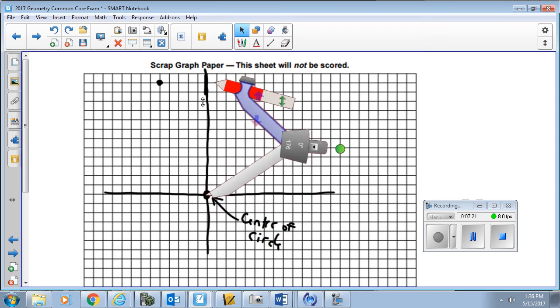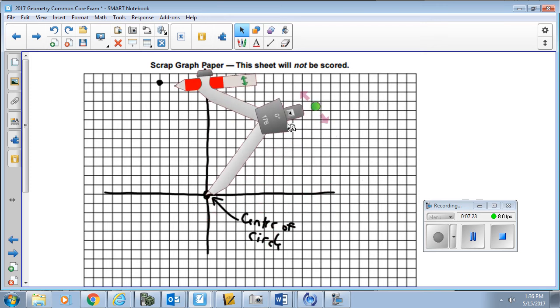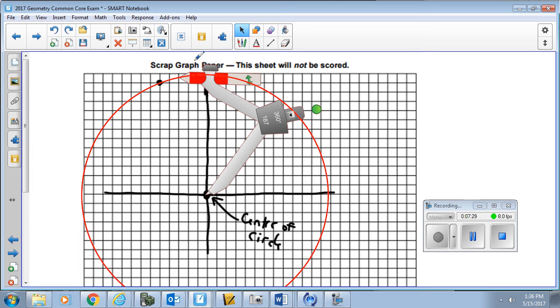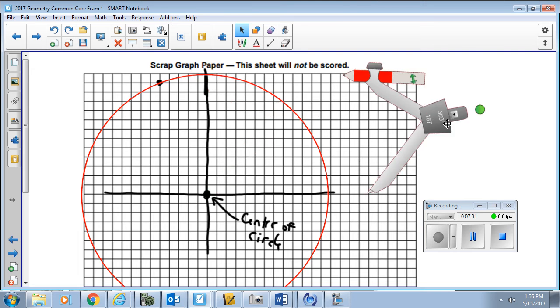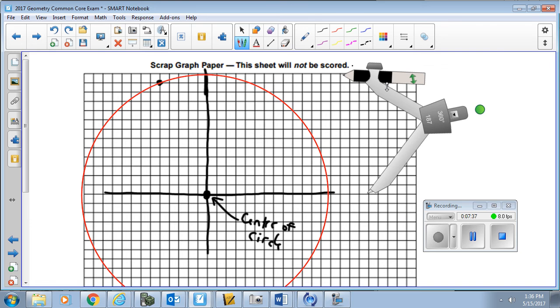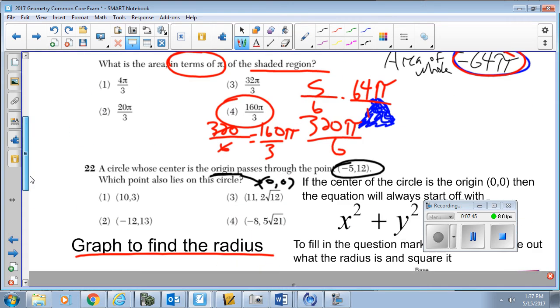I'm going to draw a circle. And I'm going to show you a way that you do it without the circle also. This is negative 5, 12, right?